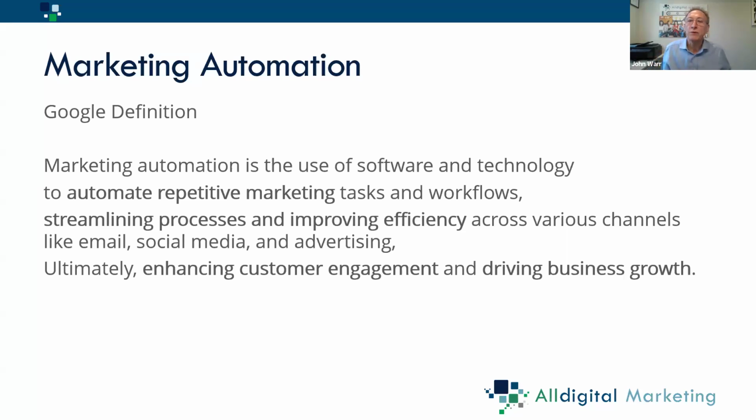But what the dictionary won't tell you is that marketing automation isn't just about efficiency. It's about helping buyers buy. It's about engaging with leads and customers where they are in their own journey and having conversations with them in their own language. And this will become more and more apparent as we go through this presentation.